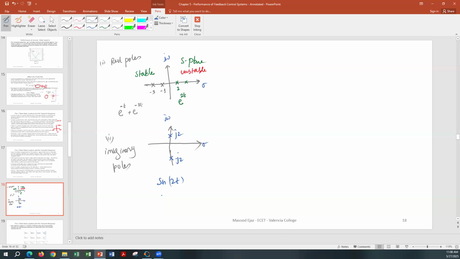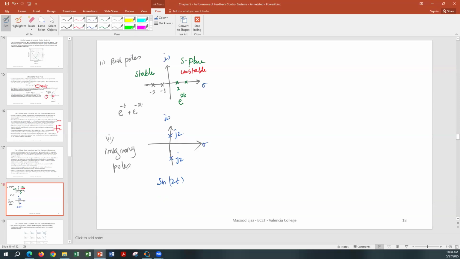Omega n value is going to be 2, and it's going to be a sustained sinusoid. And it is stable because a sustained sinusoid is assumed to be a stable response because it's not blowing up. So that's what happens when you have imaginary poles for a transfer function.